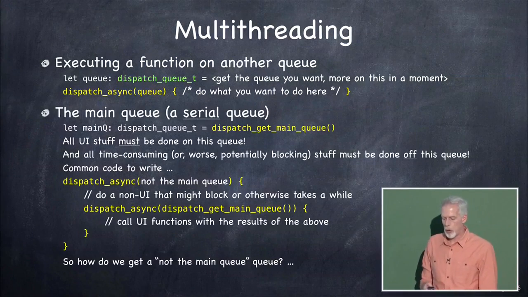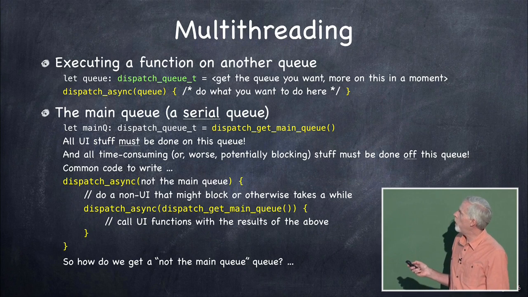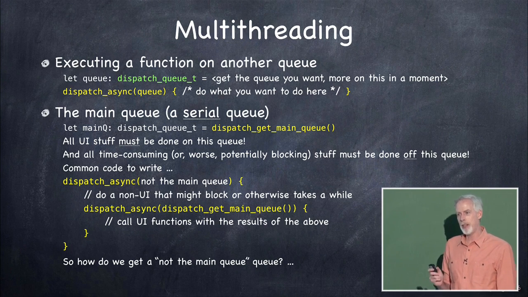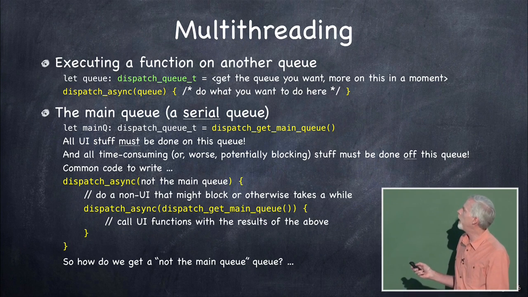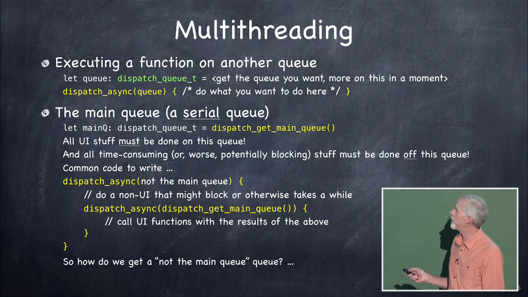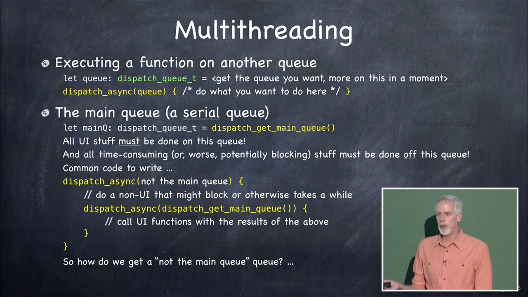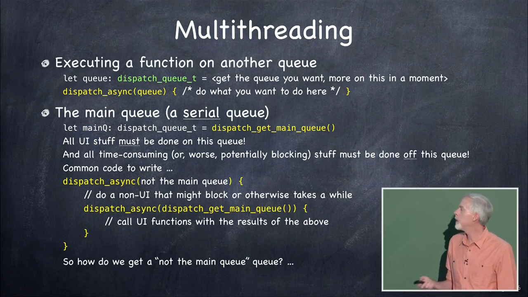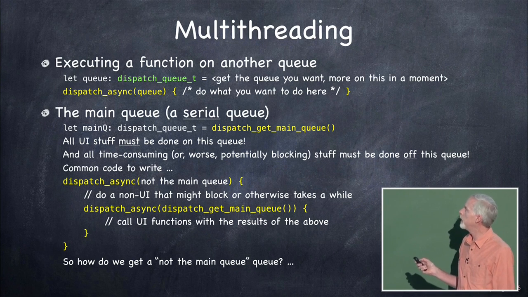So how do you get this little queue argument? Well, for the main queue, you call this function dispatch_get_main_queue. Now you might ask, why are there all these underbars and why does this look like this? This is basically a C API from iOS before Swift, and so it comes into Swift looking like a C API.